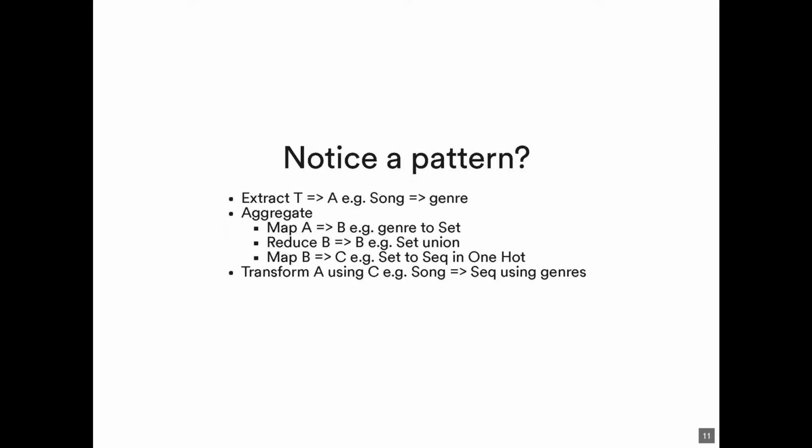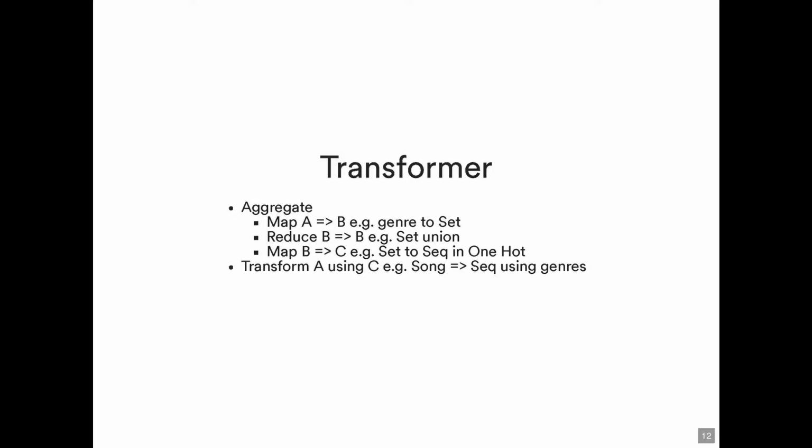And then at the end, you can transform your song, your original set of inputs, which are type A here, using the aggregate of type C that you've calculated, and do your encoding. So this is roughly the pattern. The binarizer didn't have the aggregation, but otherwise you can see this also works for min-max scaling. And those last two steps, the aggregate and the transform, are called a transformer.